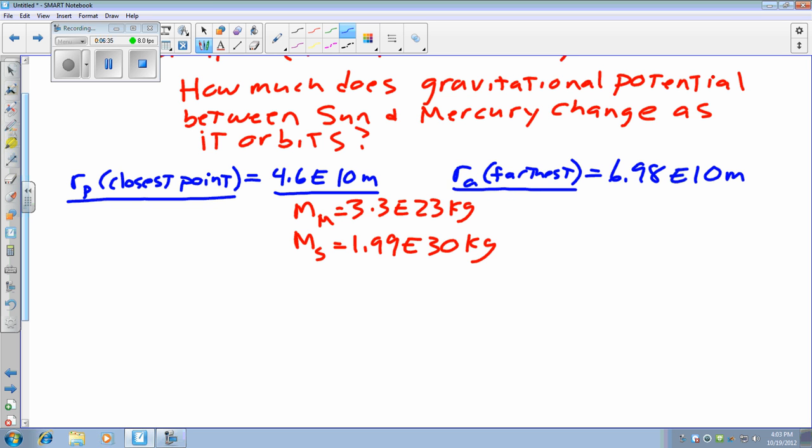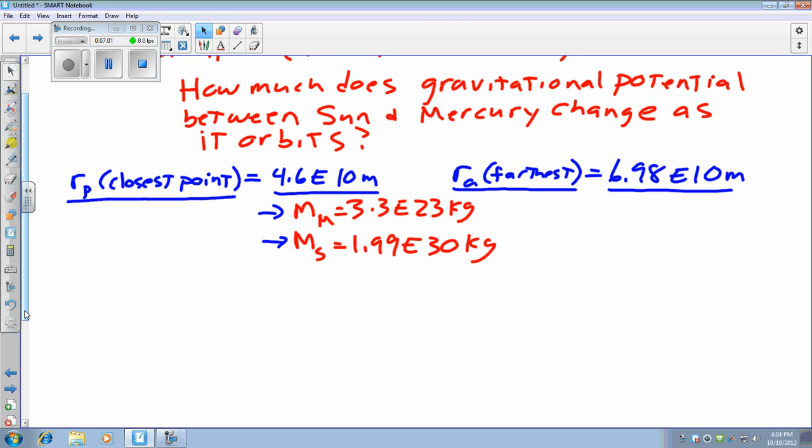The distance at the farthest point is almost 7 times 10 to the 10 meters. Of course, the mass of Mercury, 3.3 times 10 to the 23 kilograms. Mass of the Sun, 1.99 times 10 to the 30 kilograms. I don't expect you to memorize those numbers. I just looked them up and wrote them down so that it was convenient for the problem.